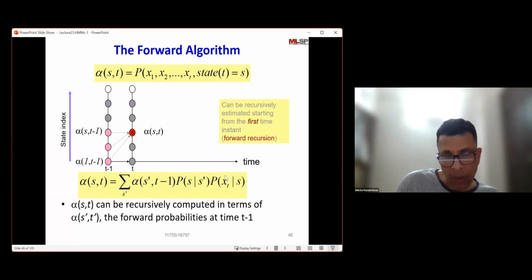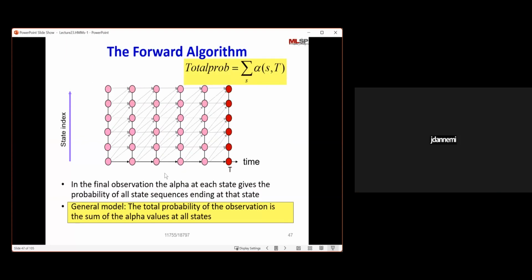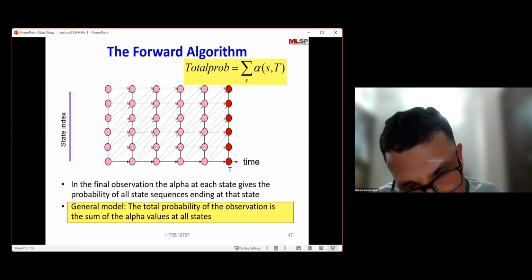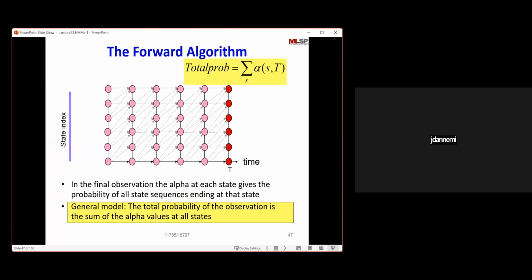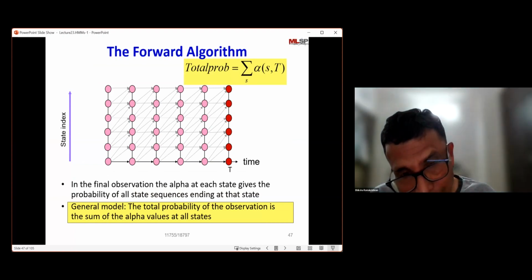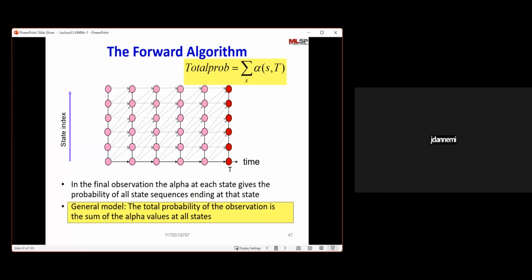This is a specific observation, correct? So you're always going to have a specific observation. If you consider all possible observation sequences, then it would be 1. That makes sense. Okay. Right?